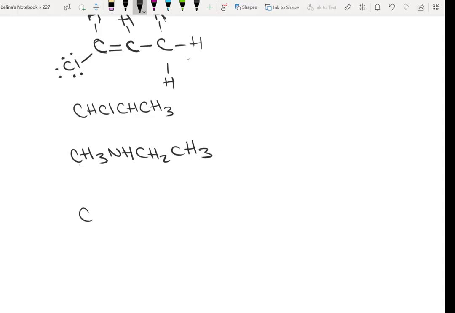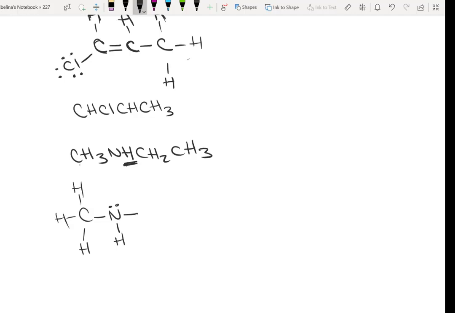So the carbon on the left has 3 hydrogens bonded to it. And then to complete its octet, it's bonded to a nitrogen. Wait, wasn't there something I was supposed to remember about nitrogen? Oh yes, nitrogen, 3 bonds, 1 lone pair. Okay, there's a lone pair, 1 bond to the methyl here, 1 bond to this hydrogen.